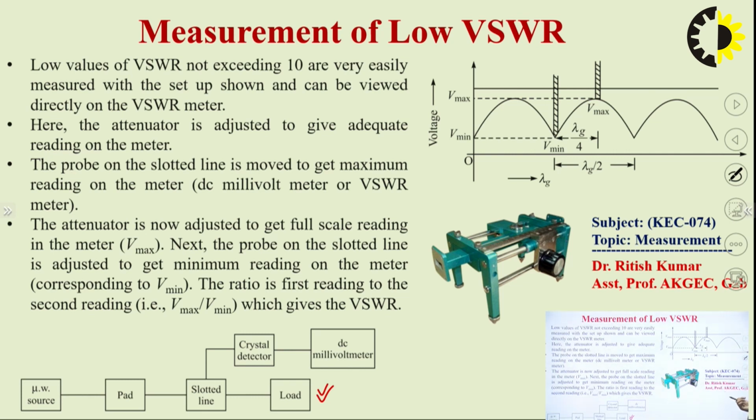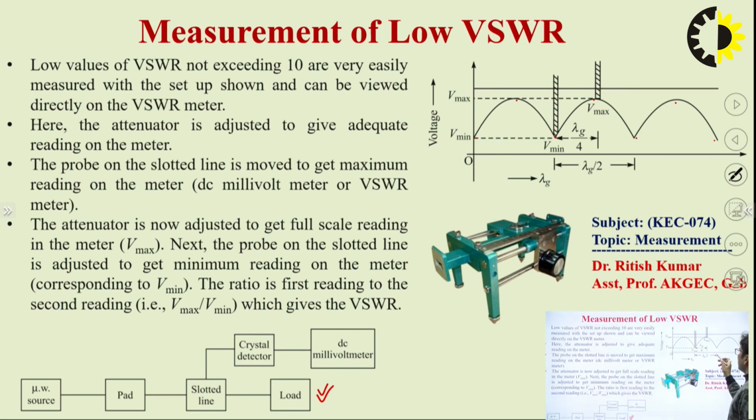That pattern is known as the VSWR pattern, and we have shown it here. You can see we have minimum, maximum, minimum, maximum, minimum, maximum, minimum. This is a periodic form of the pattern.